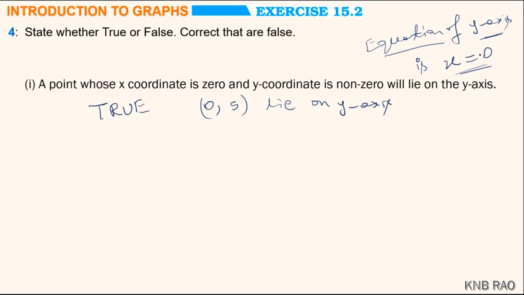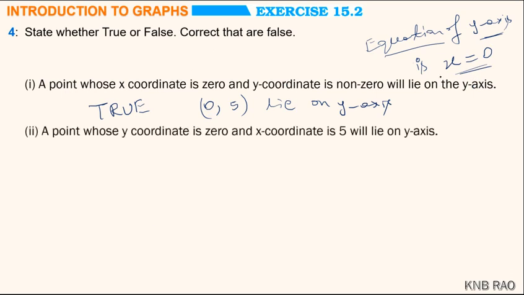That's why its equation became x equal to 0. Moving to another point, a point whose y coordinate is 0 and x coordinate is 5, that is 5 comma 0, will lie on y axis. So it is false. Just now we said it's supposed to lie on x axis.